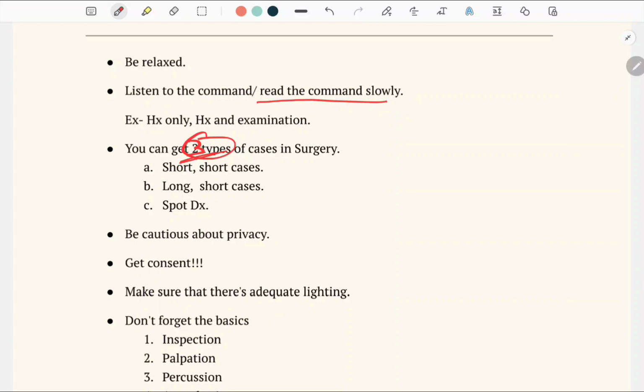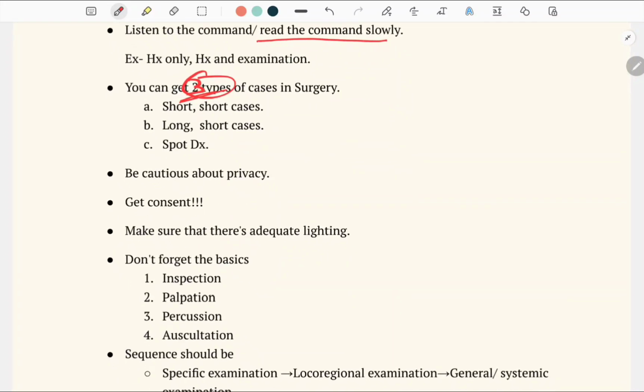Long short cases are something like thyroid examination, varicose vein examination. These examinations might take some time, so you might have to spend a little more time to complete them. So it's a mixture of short cases, long short cases, and certain spot diagnosis. Something like a tumor, arterial tumor, or gangrene, amputee. Those things are spot diagnosis.